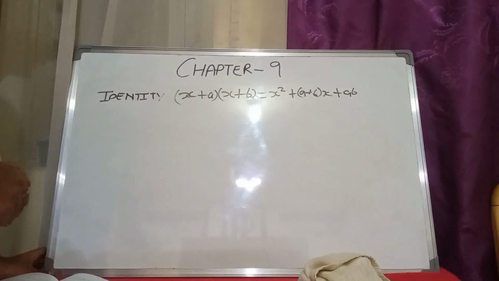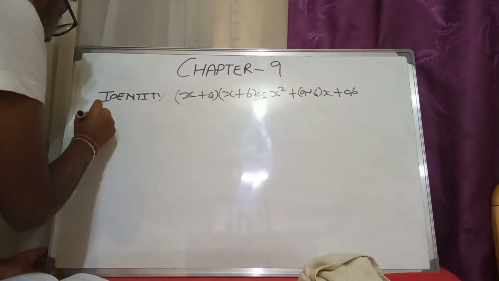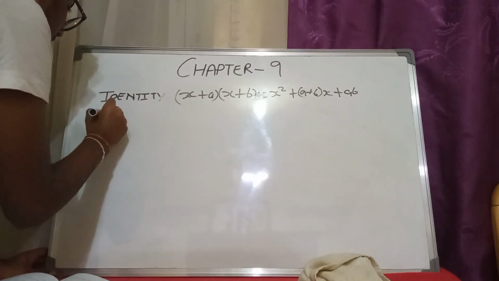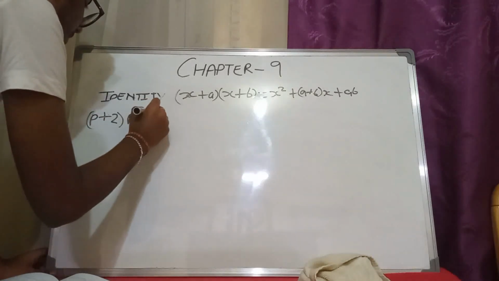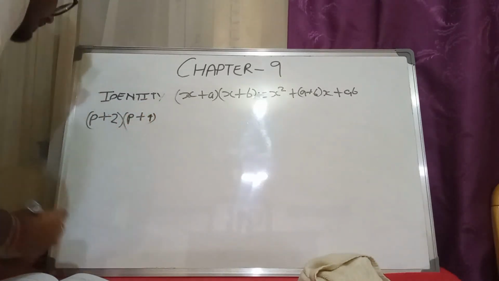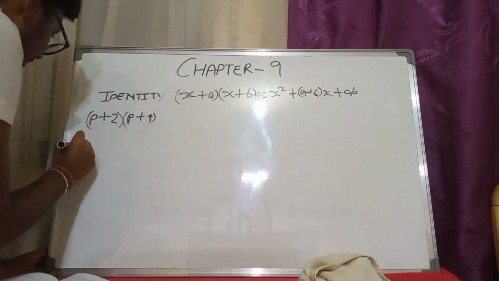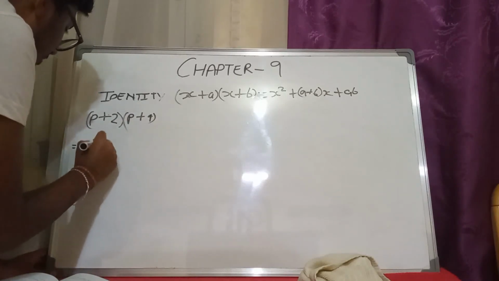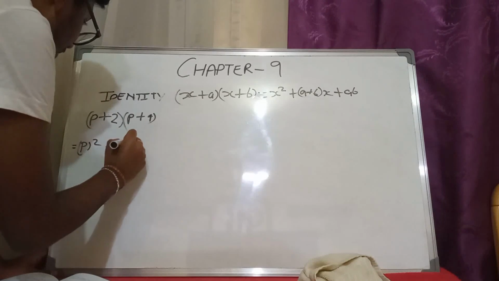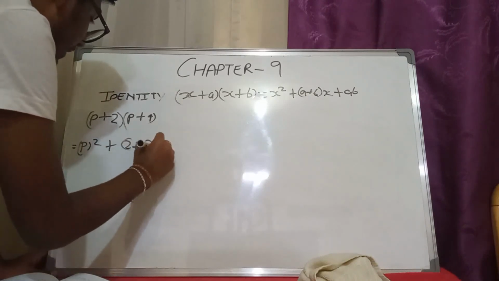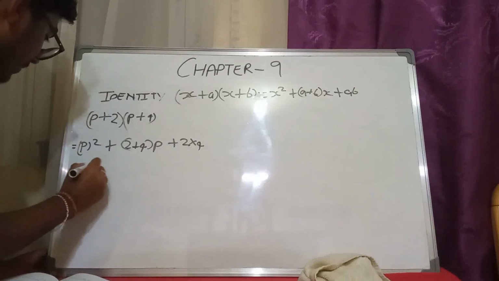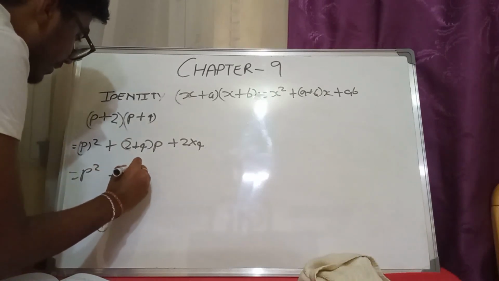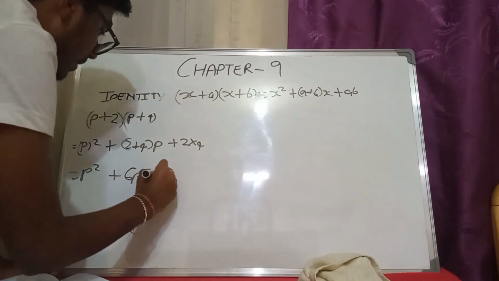So for example, we take (p + 2) into (p + 4), then we make it equal to p the whole square plus (2 + 4) into p plus 2 into 4. So we get the answer as p square plus 6p plus 8.